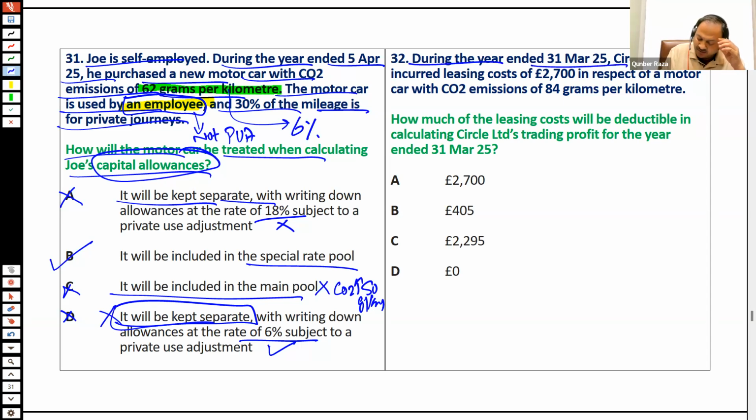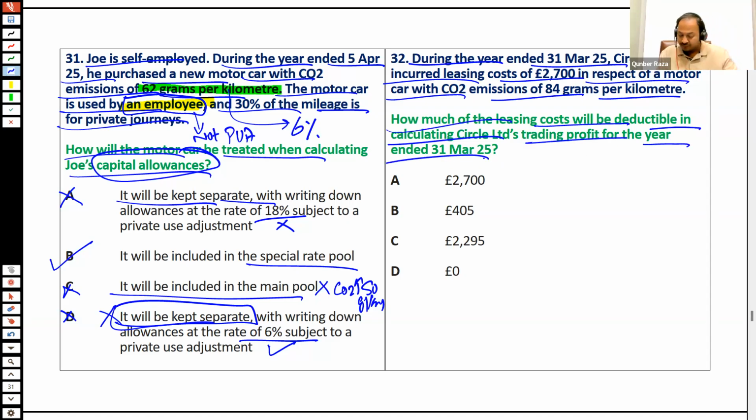During the year ended 31st March 25, Circle Limited incurred leasing cost of 2,700 in respect of a motor car with CO2 emission of 84 grams per kilometer. How much of the leasing cost will be deductible in calculating trading profit for the year? For lease cost, let me remind you the principle. We need to check the CO2 emission.